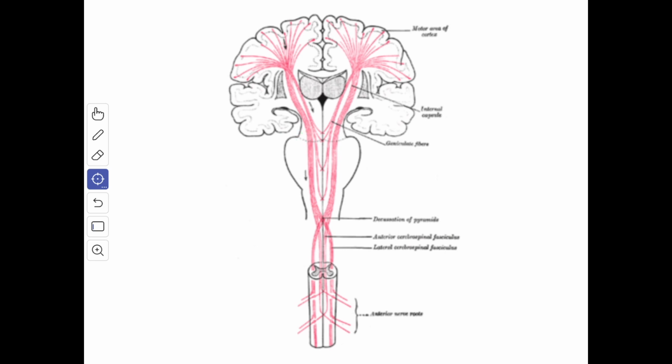The ascending fibers, which are the corticopetal or sensory fibers, and the descending fibers, which are corticofugal or motor fibers, of the internal capsule chiefly interconnect the cerebral cortex with the brainstem and the spinal cord.